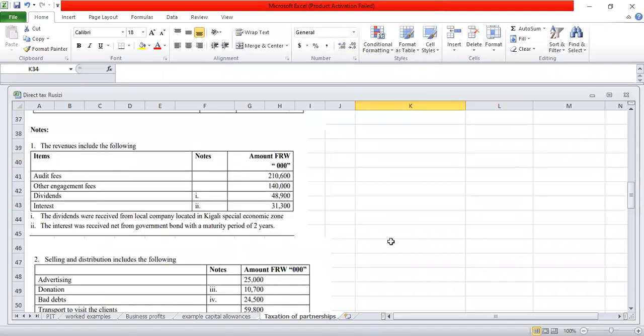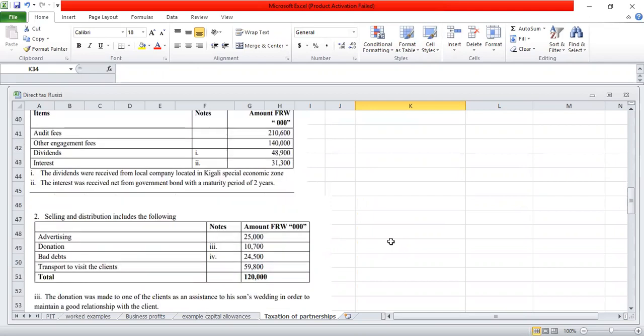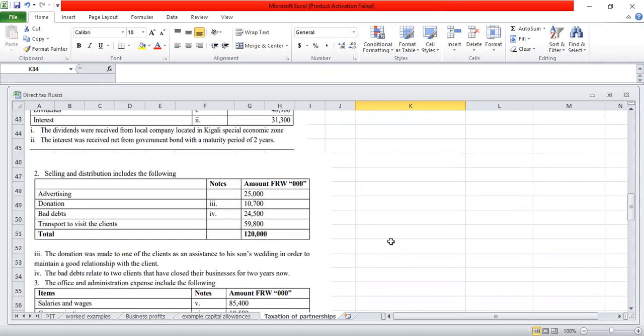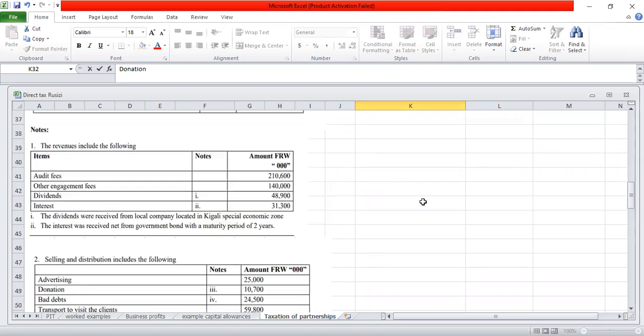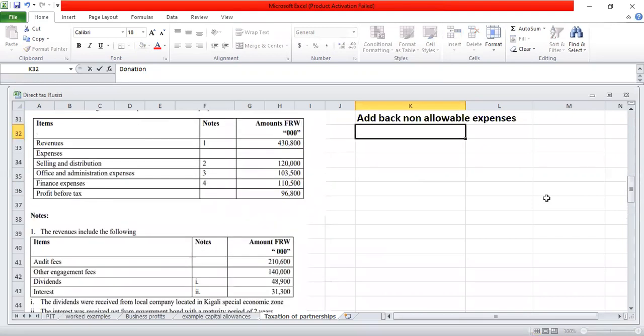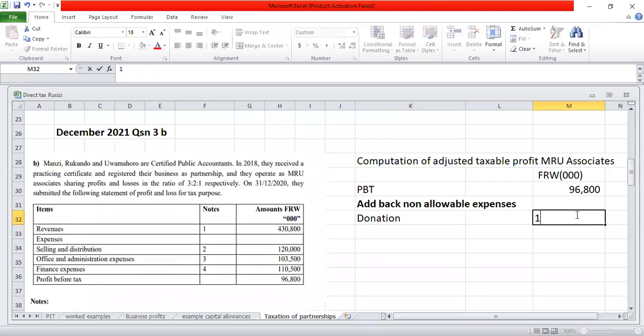Selling and distribution, I have advertisement, which is allowed. I have a donation of 10,700. Donation, they said it was made to a client. Automatically, that one is not allowed because it's not to a charitable organization. Donation, I don't need even to calculate 1%. The donation is 10,700. Automatically not allowed. 10,700.